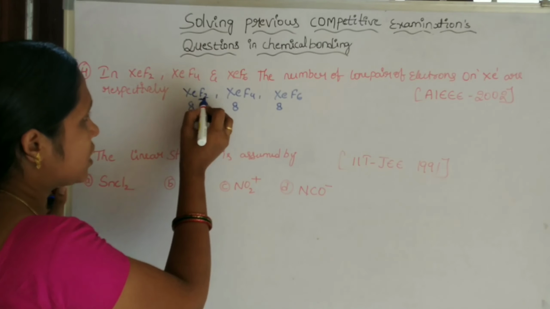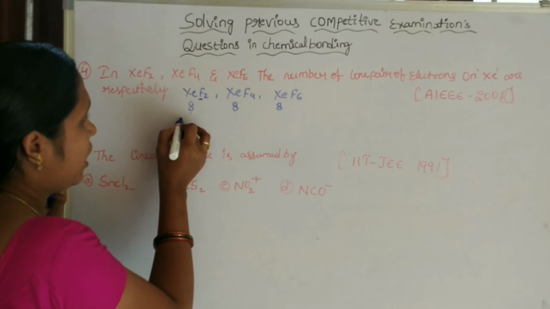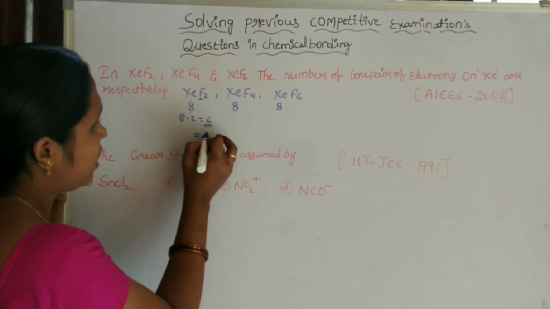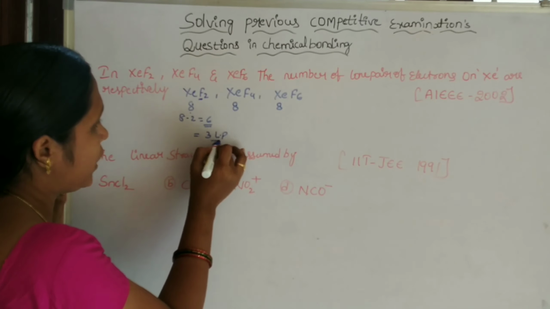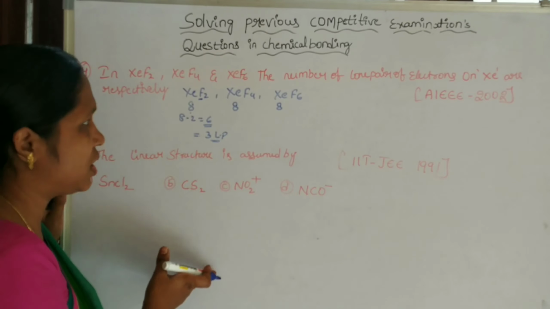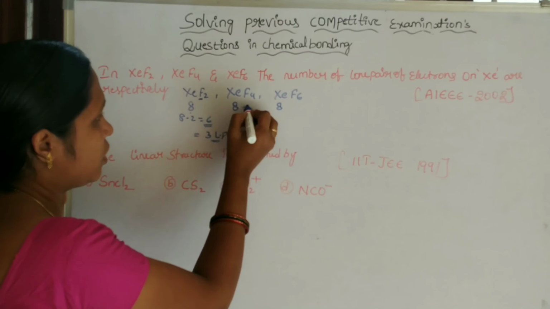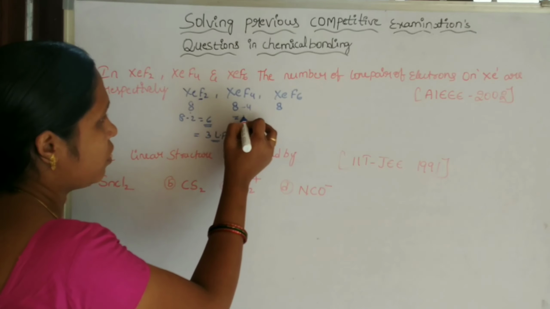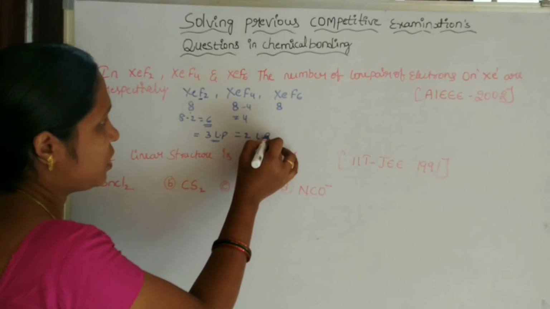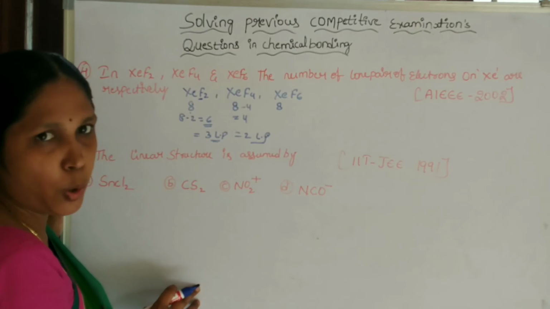Here 2 fluorines combine with 2 electrons, meaning 8 minus 2 is 6. 6 means 3 lone pairs of electrons. Here 4 atoms are surrounded, so remove 4. So 4 is left, and 4 means 2 pairs of electrons, so XeF4 has 2 lone pairs.